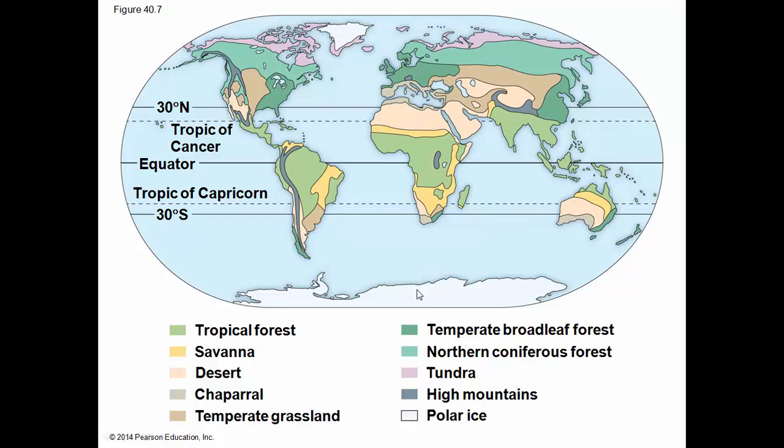This is a very extreme habitat. Polar ice in Antarctica is where you will have your penguins and whatnot and seals down here in Antarctica, and then in the polar ice region up in the northern part, that's where you have your polar bears.